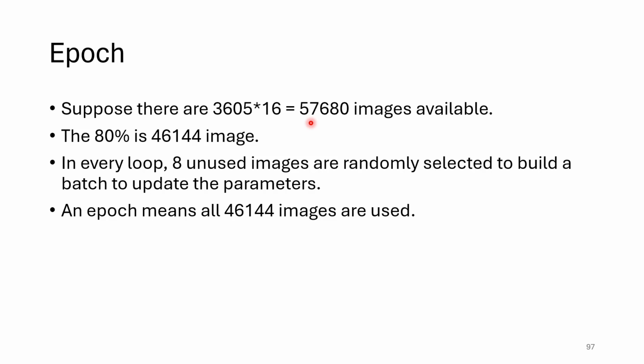So I assume they have around 60,000 public images. If they use 80% as their training set, as they claim, there are around 46,000 images, and the epoch.